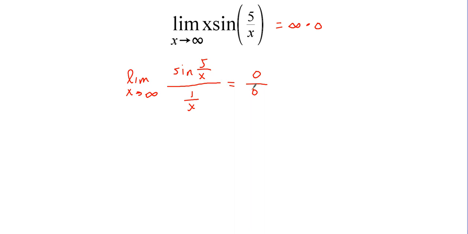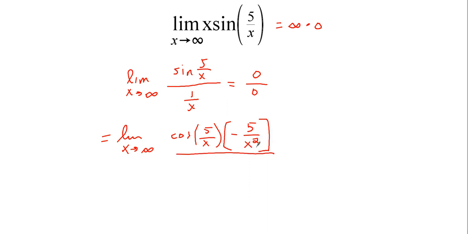So we have the indeterminate form 0 over 0, which means we can apply L'Hopital's rule and get the limit as x approaches infinity of the derivative of sine of 5 over x, which is cosine of 5 over x, times the derivative of 5 over x, which is negative 5 over x squared, divided by, in the denominator, the derivative of 1 over x, which is negative 1 over x squared.